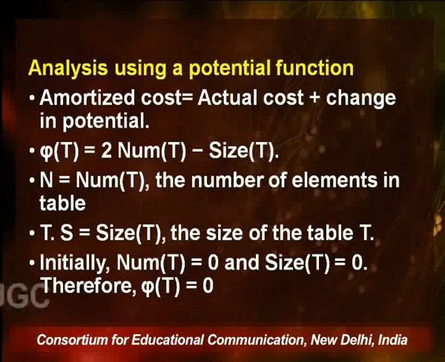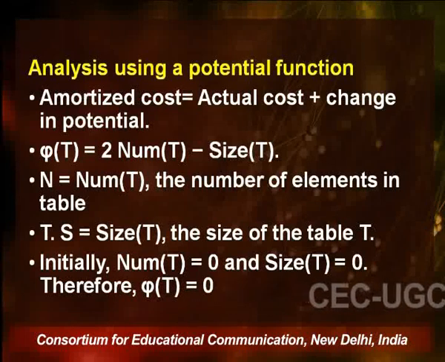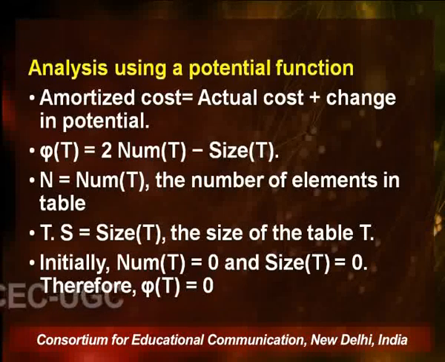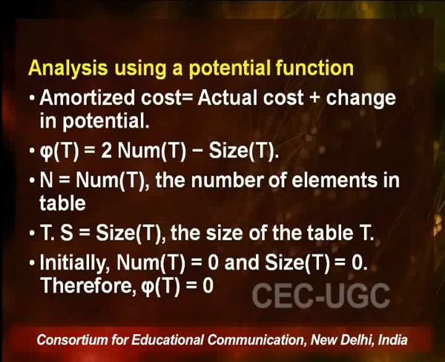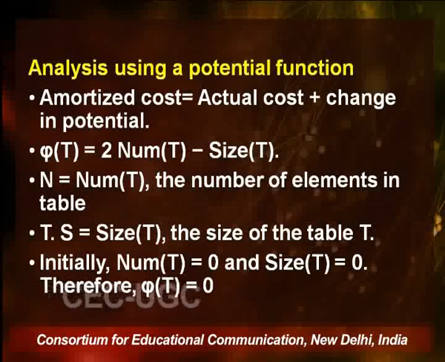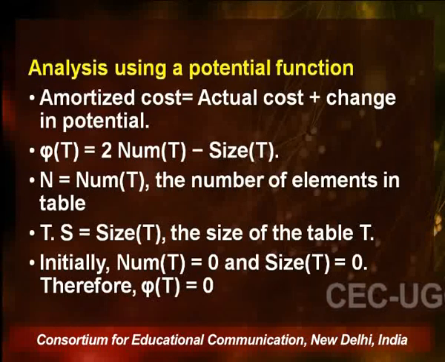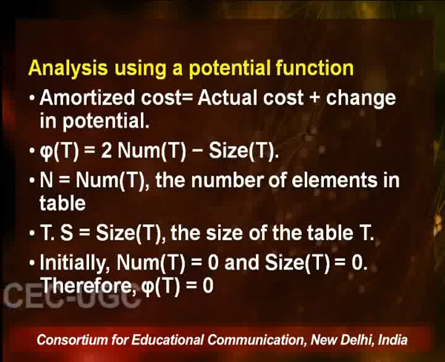The potential function we are going to define for this dynamic array situation is phi of T, the potential function for the dynamic table T, equal to 2 num T minus size of T, where num T is n, the number of elements in the table, and T.size is the size of the table.